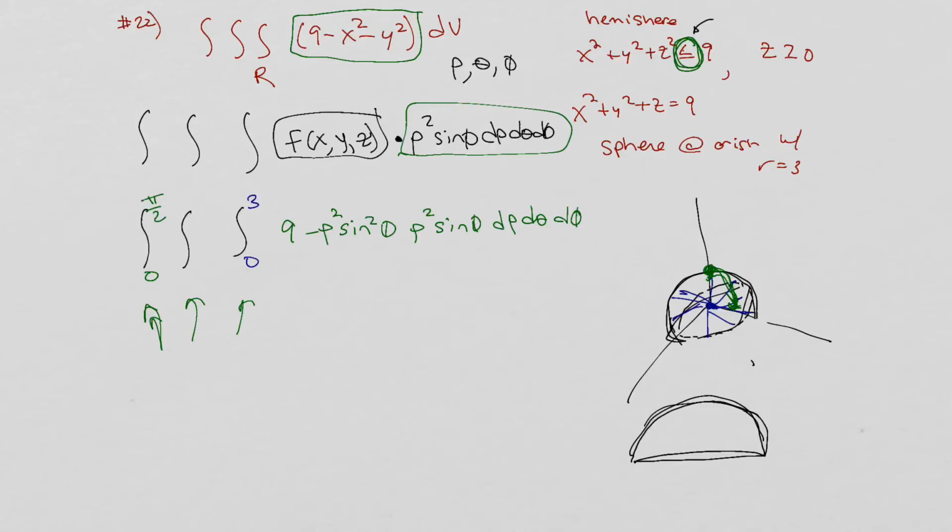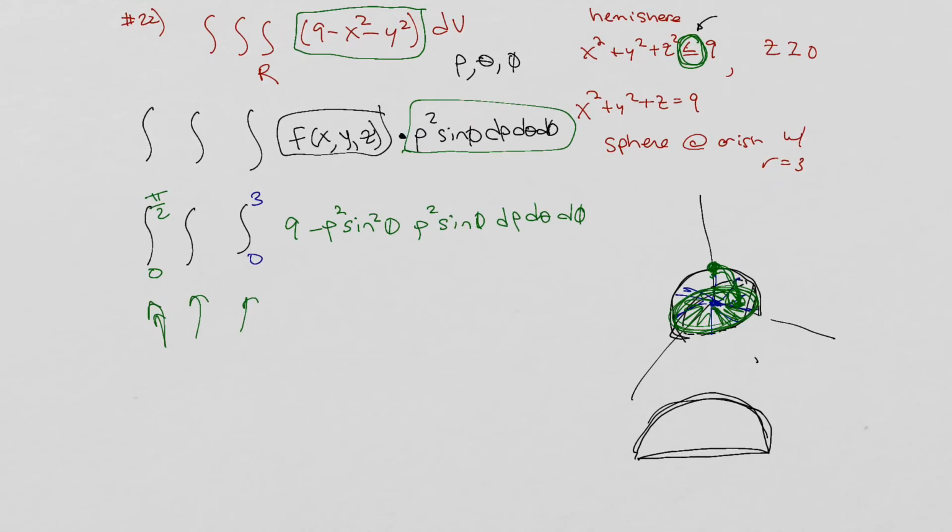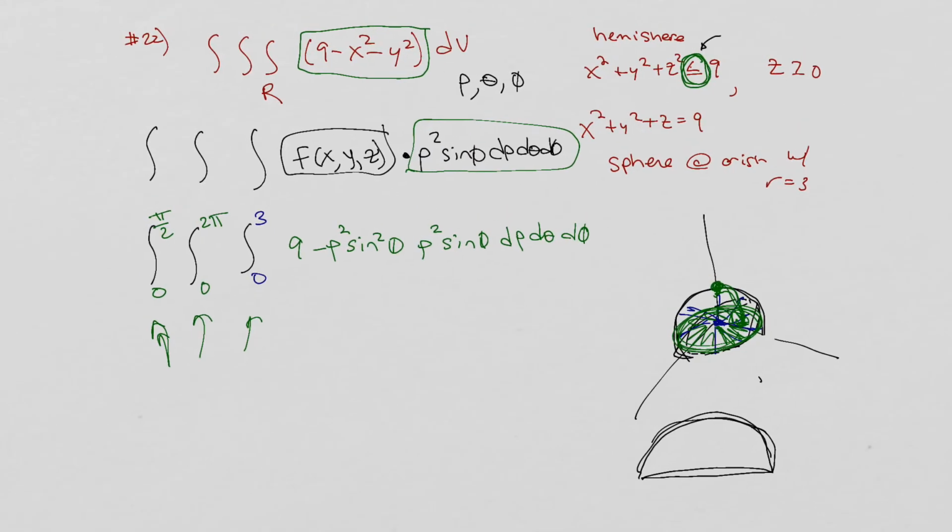Right? And then for theta, we've got a big old circle in my xy plane here that I'm going to rotate all the way around. Right? So the value for theta goes from 0 to 2 pi. Okay? So it looks like that is a way that we could set up this particular integral.